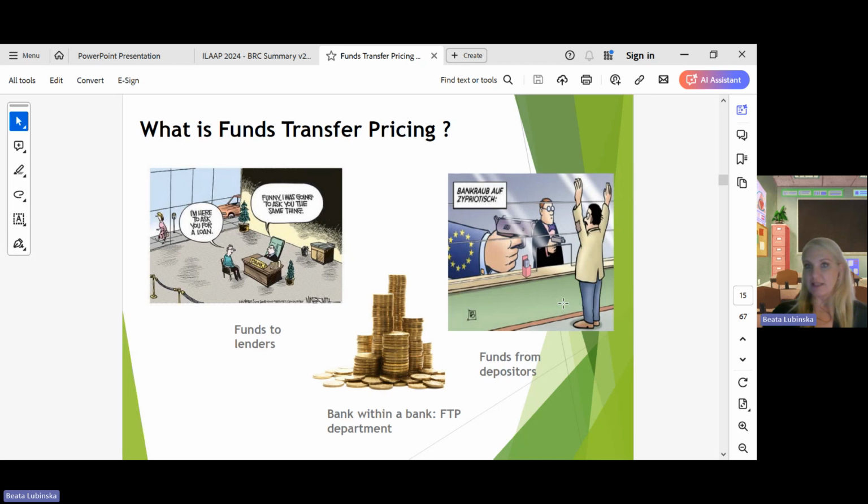However, if we are providing liquidity, it means that from the other side, we have to gather it from somewhere. And in this particular case, we have the liability unit, and the liability unit is in charge of providing funds to the bank.